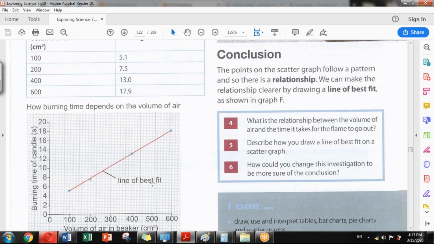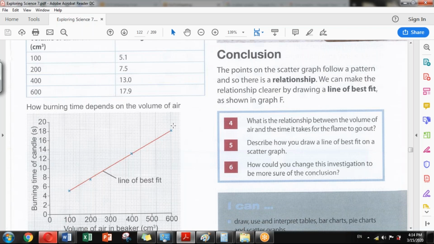We get scatters. That's what it's called, scatter graph. Look, they are scatters. 4 scatters we have got here. Then we can connect all scatters, all dots, with a line of best fit. This line should be a straight line, and it should combine the most dots, scatters, 1, 2, 3, to give the relation between these scatters.